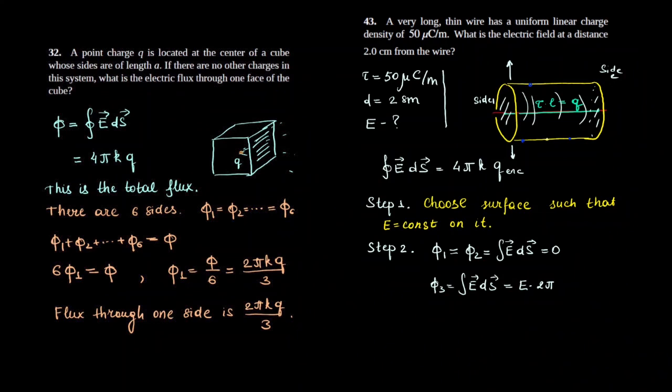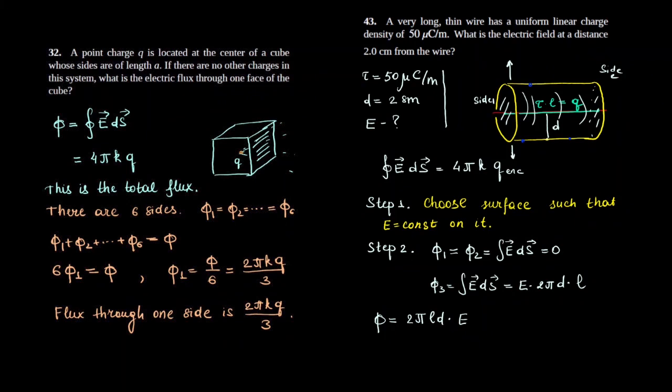We chose the radius of the cylinder to be equal to d. So 2 pi d multiplied by the length of the cylinder, L. So the total flux is the sum, so it is only phi 3, which is equal to 2 pi L d multiplied by E.